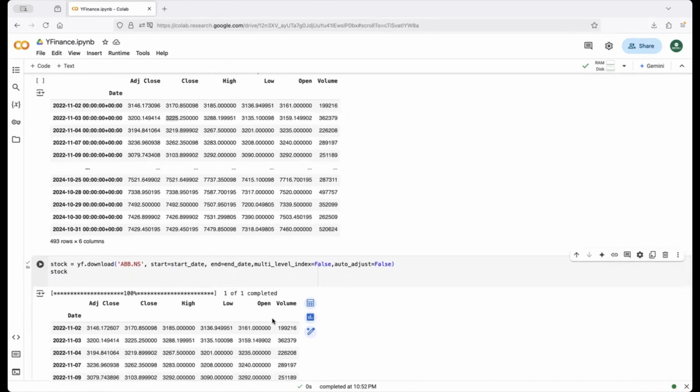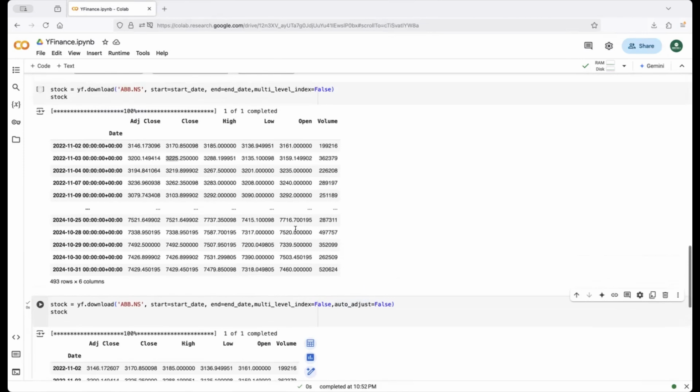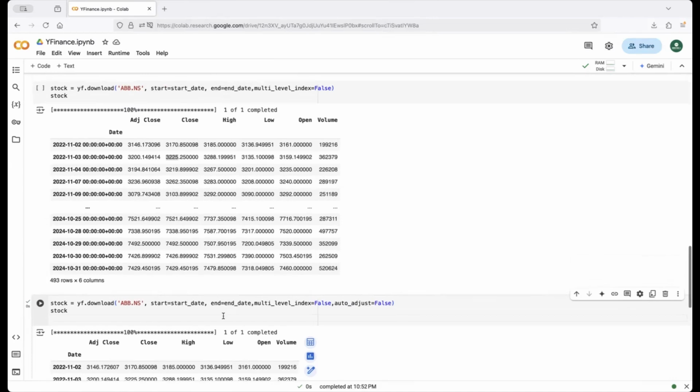So if someone is running this code without this option and is trying to access the adjusted close price, and you have code constructed around that already, you would see that code throwing an error now. If you are trying to fix that, this is one way to do that.